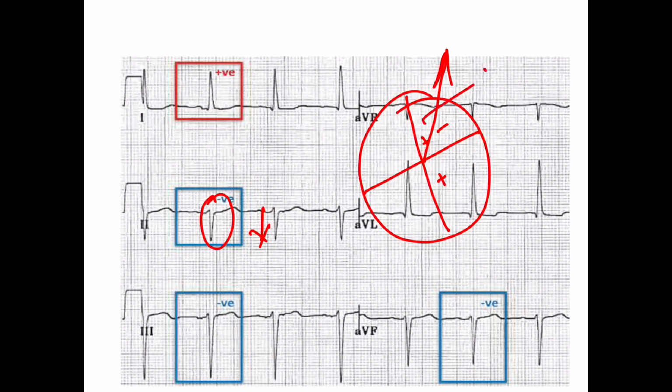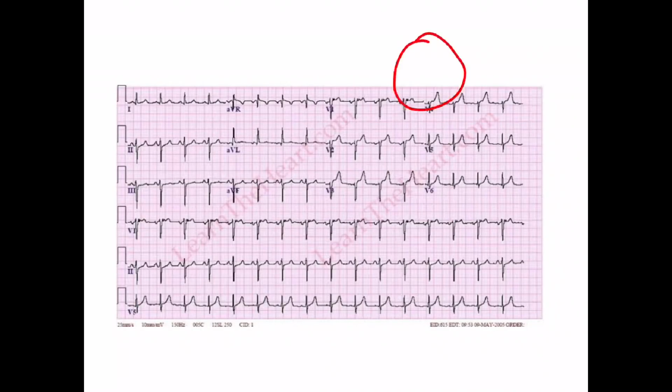So it is a pathological LAD. Similarly, in this ECG, lead 1 is positive and AVF is negative. Again, it is a left axis deviation. Now we have to see lead 2. Net QRS direction is negative. So it is again pathological LAD.